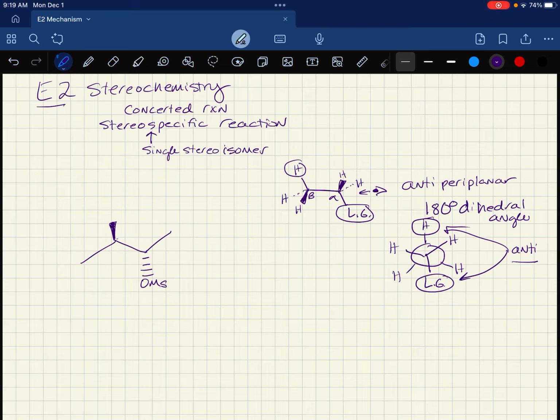And the reason for this is explained in the Carty book on page 368 in Interchapter C. And what it shows is how the orbitals go from the sp3 hybridized compound to the pi bonds that we're going to end up with.